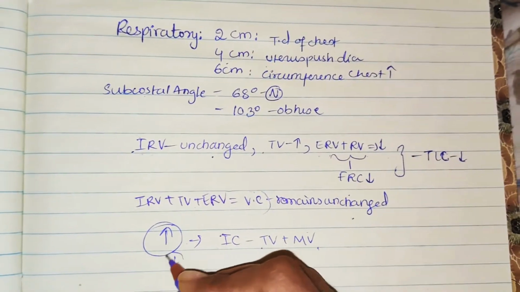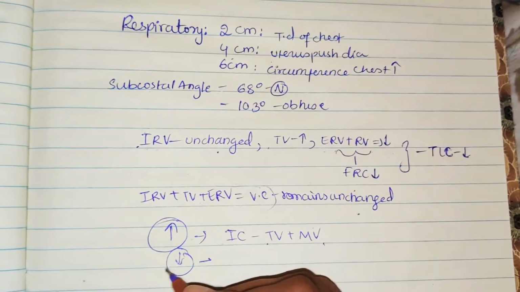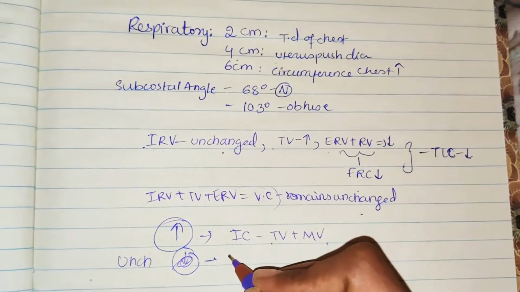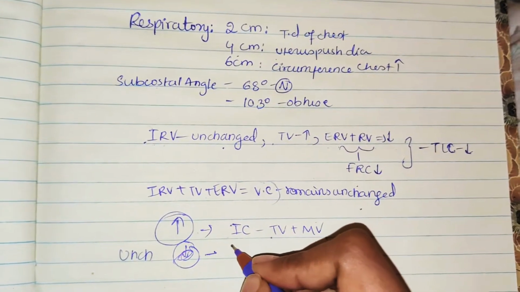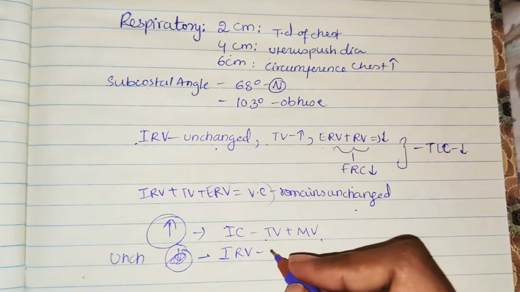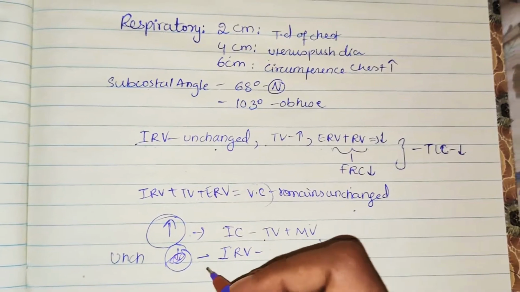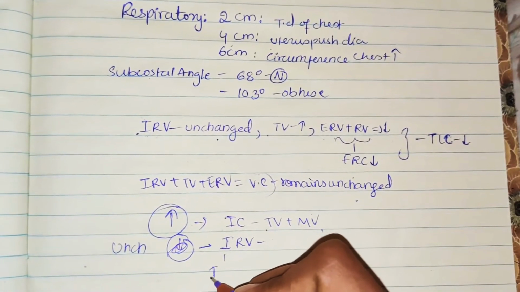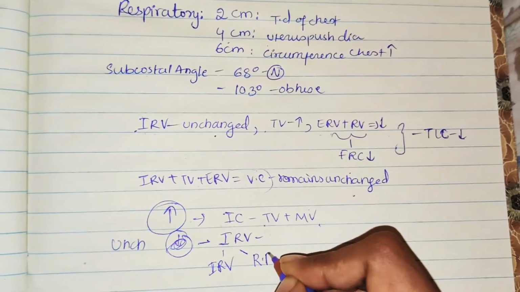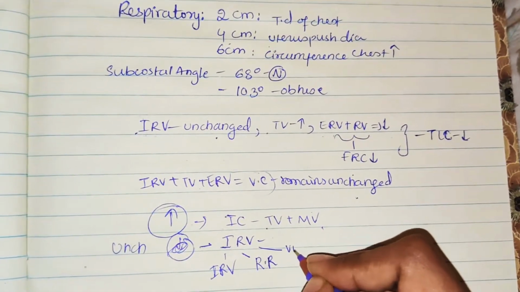Now let us see what parameters are unchanged in pregnancy. For unchanged parameters, you can remember the mnemonic IRV. I stands for inspiratory reserve volume, R stands for respiratory rate, and V stands for vital capacity.